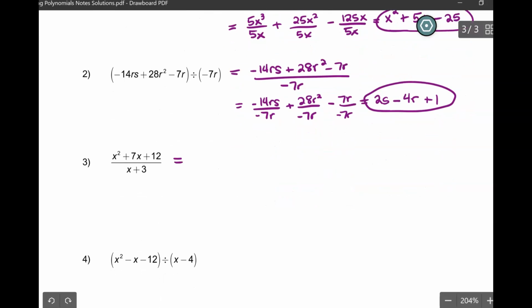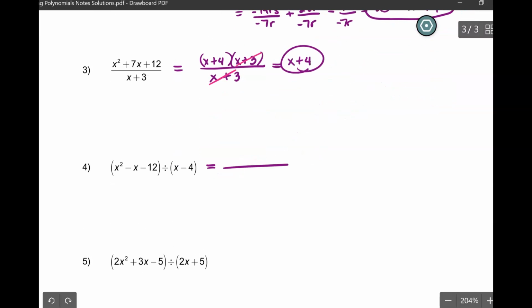Number 3. So this one's already written with a fraction line, so we're just going to go right to factoring. Two numbers that multiply together to give us 12 add up to 7. So that's going to be a plus 4 and a plus 3, x plus 4, x plus 3, all over x plus 3. We're going to cancel, and we get x plus 4.